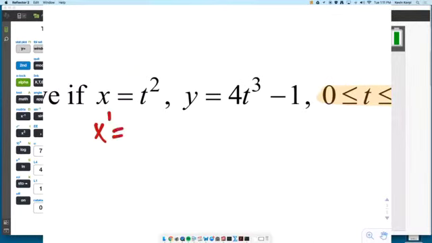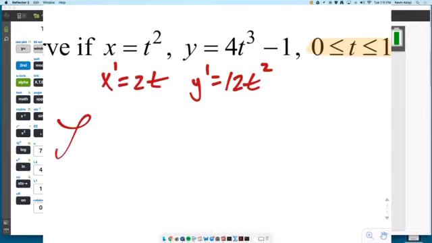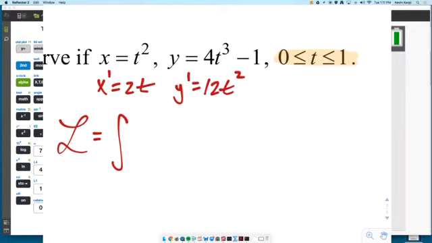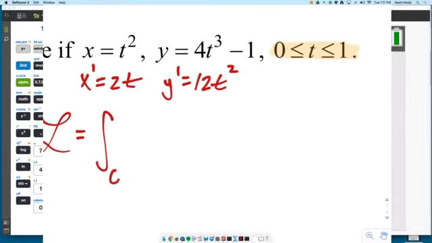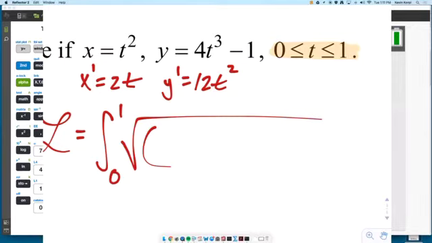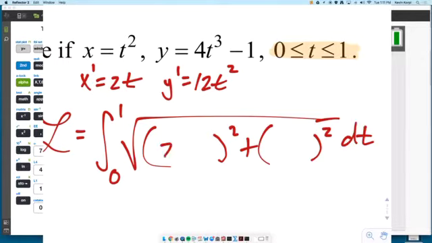X prime is 2t, and y prime is 12t squared. So now, here we go. The arc length is going to be the sum from what to what? 0 to 1. Yeah, our functions are all in terms of t. So it's from t equals 0 to t equals 1, square root of x prime squared plus y prime squared. So we'll just drop them in there, 2t and 12t squared.